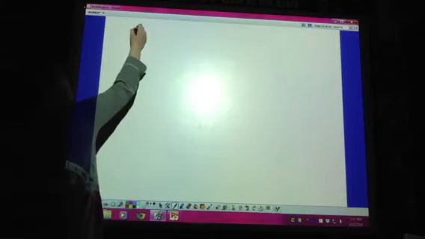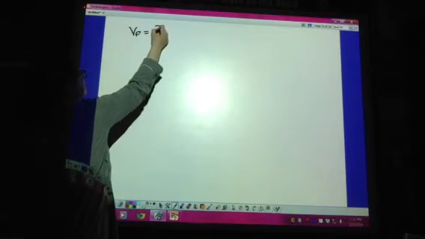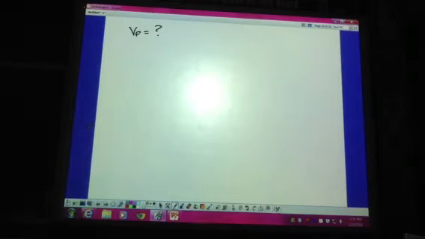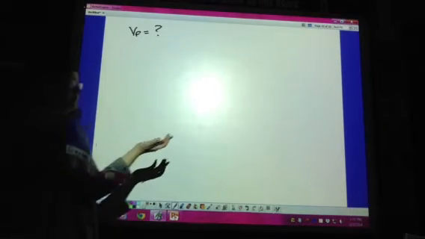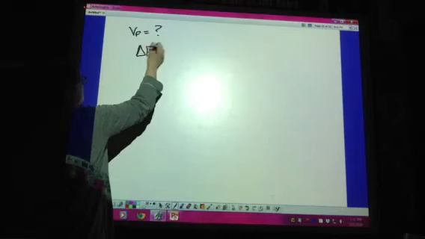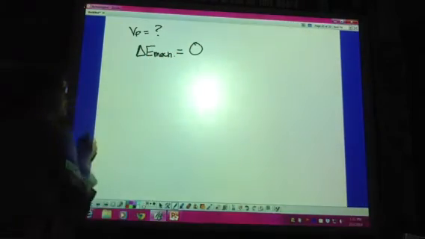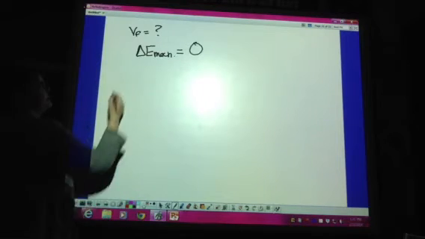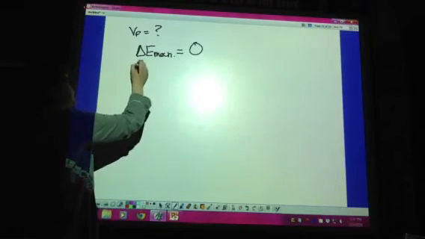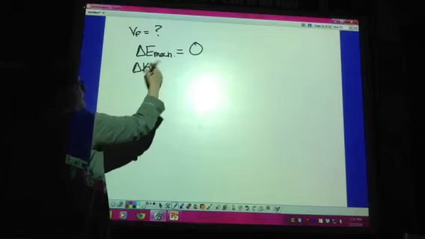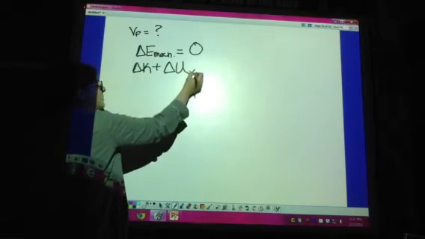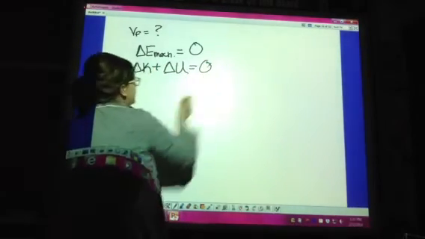Okay, so if we want to find in the problem the speed of the crate, we want to find v_f. That's our goal. We know that for an isolated system, the change in mechanical energy is equal to 0. That is equal to the sum of all the kinetic energies plus the sum of all of the potential energies, so that's equal to 0.